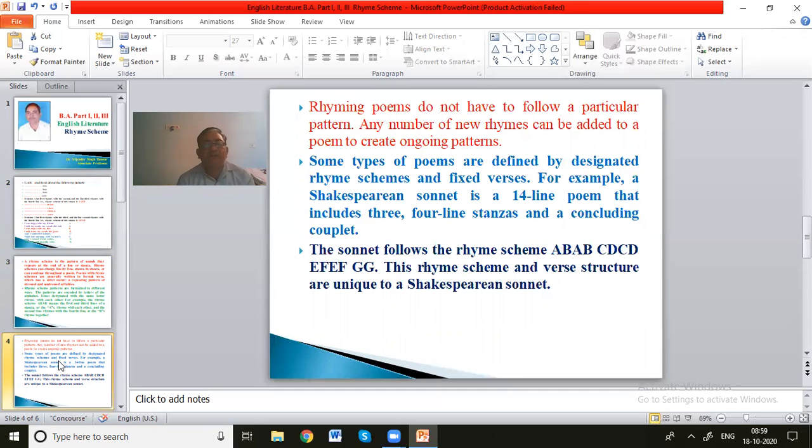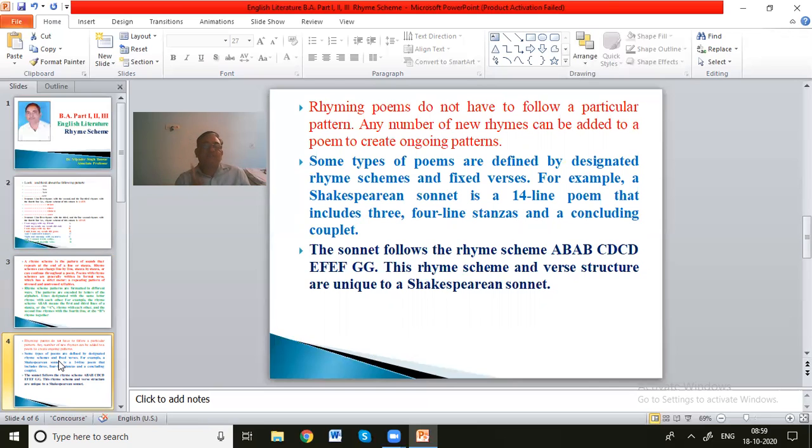For example, a Shakespearean sonnet is a 14-line poem that includes three 4-line stanzas and a concluding couplet. It means a sonnet is a poem of 14 lines, and there are two major types of sonnets: Shakespearean and Petrarchan. Shakespearean sonnets consist of 3 quatrains, that is, stanzas of 4 lines, and 1 couplet.